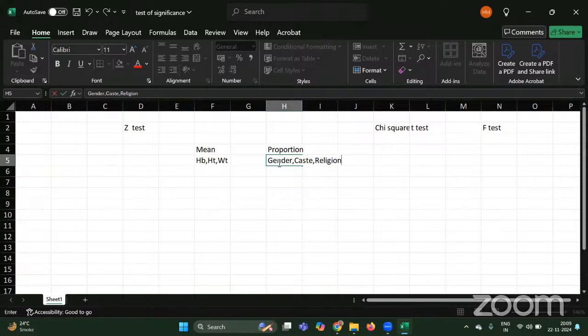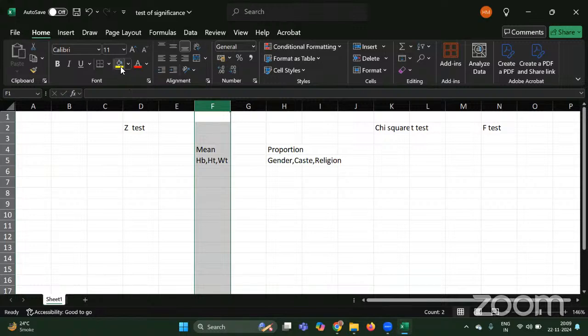In this, you can find out proportion. So once you are clear about this, things become much easier.